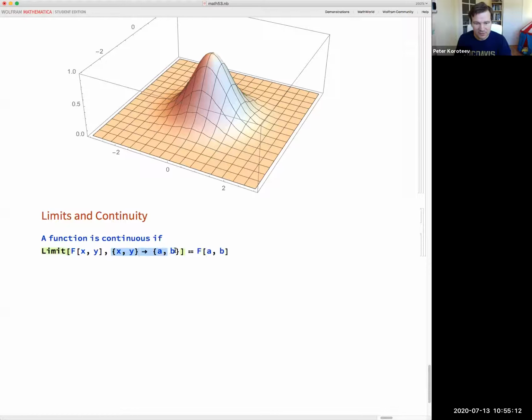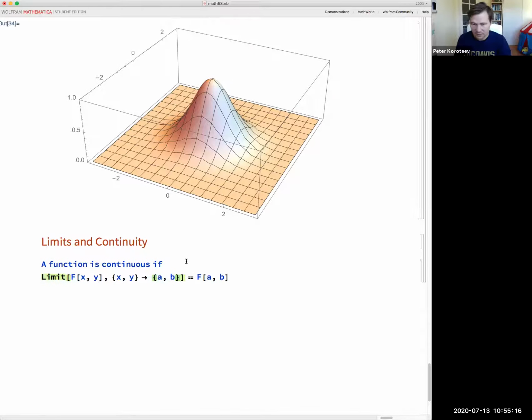Now, already this arrow needs explanation in a function of many variables. When you live in 2 dimensions, it's not clear how you would go to some point. So here's the point somewhere, that's my point (a, b).